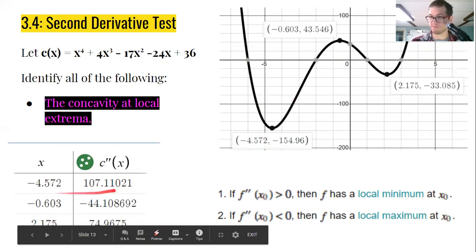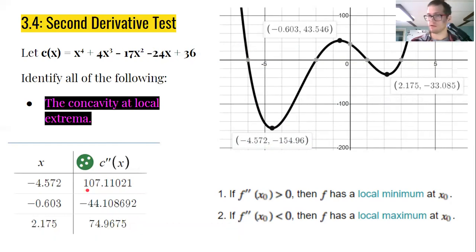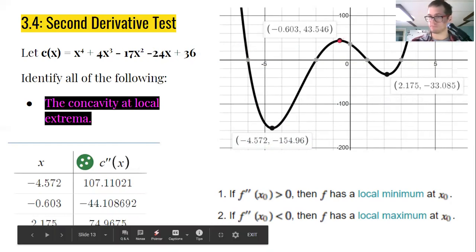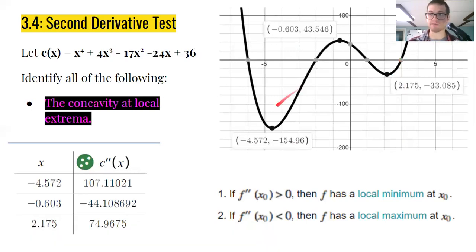Minimum, positive. That makes sense. Maximum, negative. That makes sense. Minimum, positive. Boom. All the things kind of fit together there. That's the second derivative test.